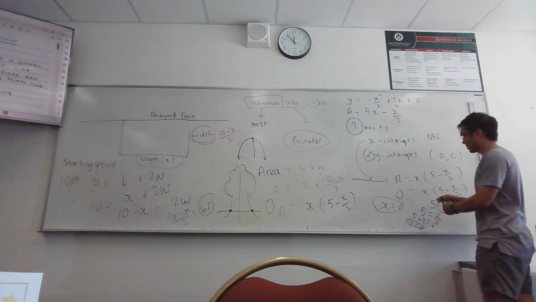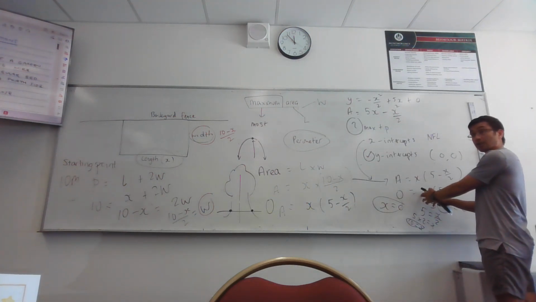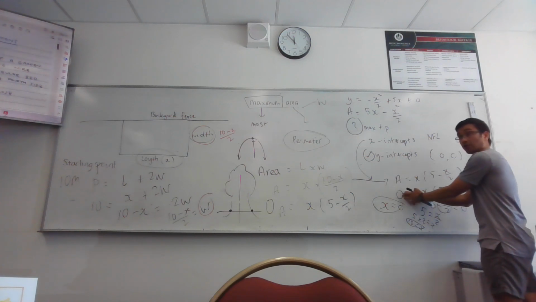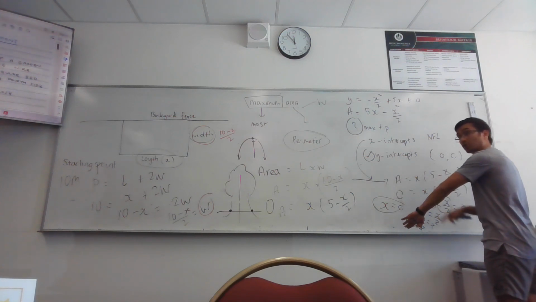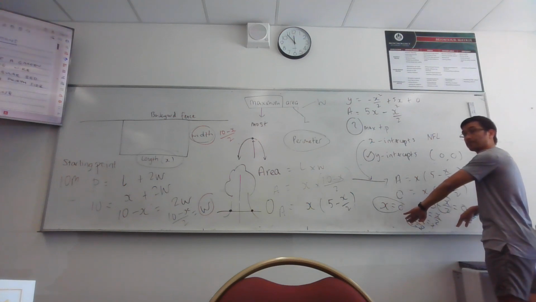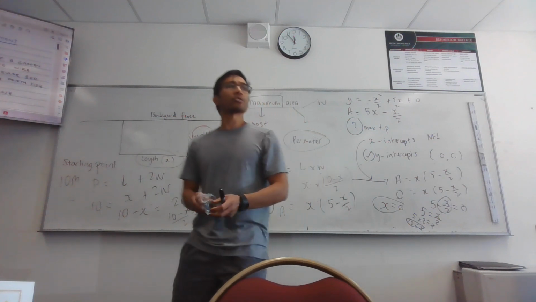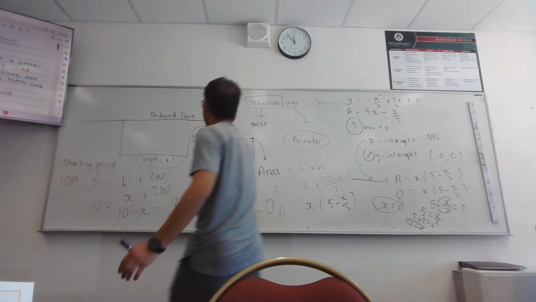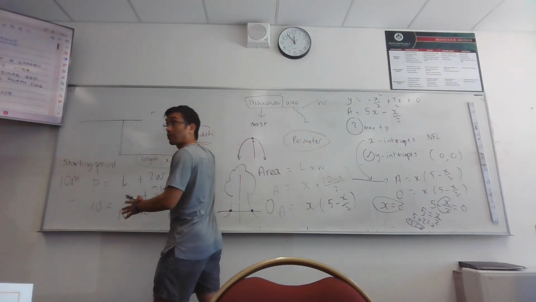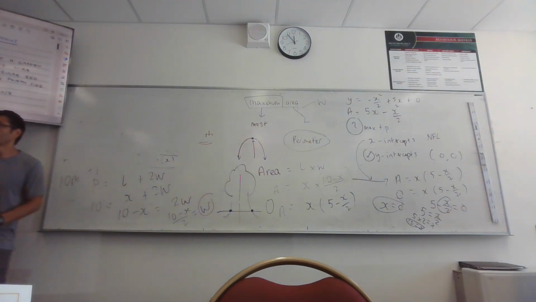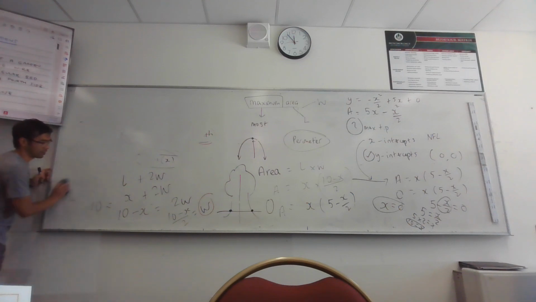Null factor law says person 1 times person 2 equals 0. Therefore, person 1 could be the 0 or person 2 can be the 0. Who else feels that they're lost in this question here? Who's lost?